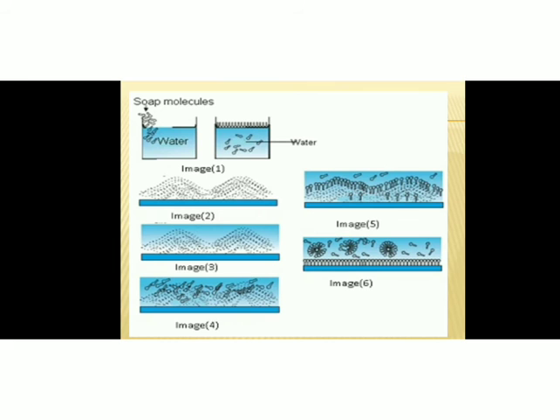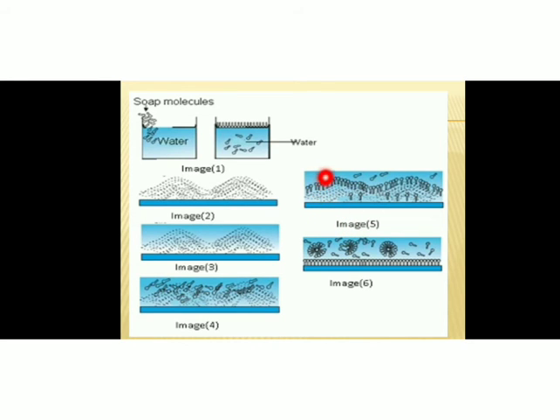Here you can see the figure. We are adding soap molecules to water. Whenever we add soap molecules to water, the head of the soap molecules is attracted towards the water and the tail is free. This image represents the dirt. When water molecules come in contact with the dirt, the tail of the soap molecules is attracted towards the dirt.